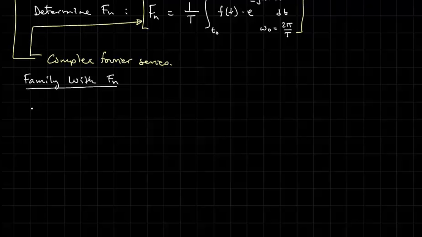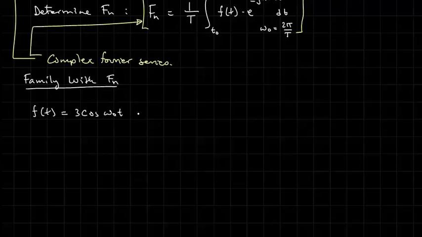So let's consider f of t equal to, let's say, 3 cosine omega naught t.